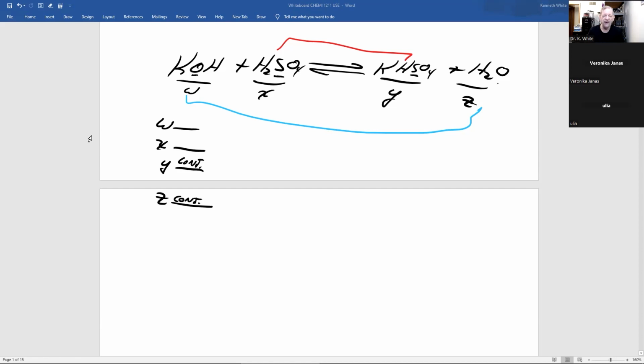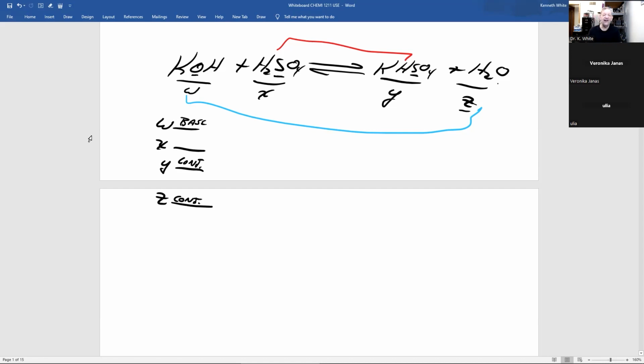My turn. If we look at W, KOH, and it goes to its conjugate water, Z, does it gain a proton or lose one? Count hydrogens. Goes from 1 to 2. It's accepted, gained it, and that is a base.